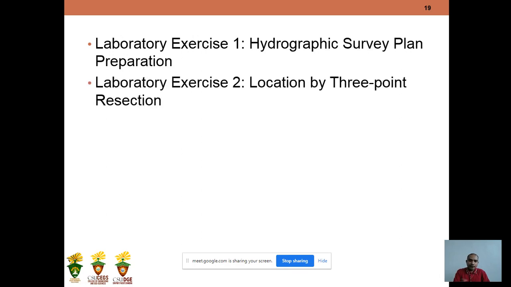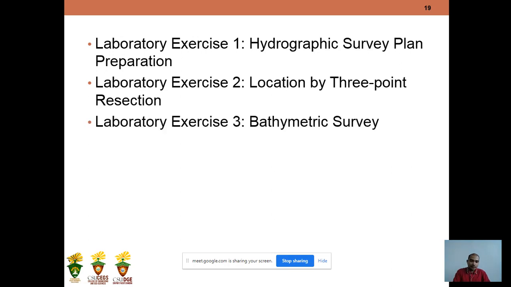And for laboratory exercise 2, we're going to execute how to get the location by 3-point resection. Since it was discussed in topic 3, you need to have a laboratory exercise on this, 3-point resection.